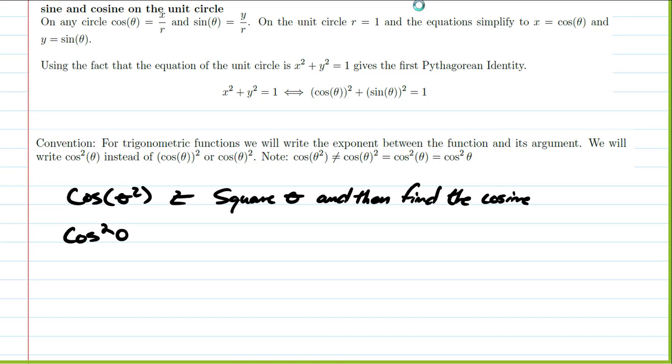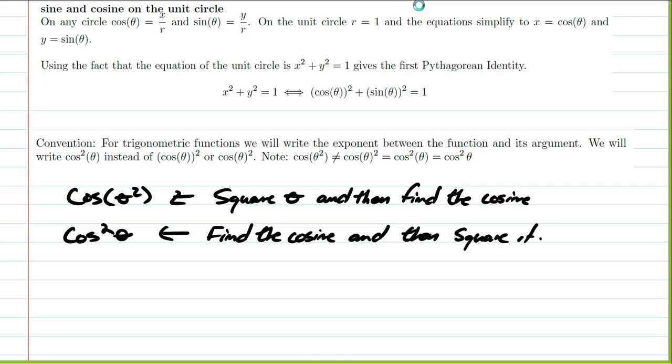Cosine squared theta tells us find the cosine and then square it. So with trigonometric functions, we're going to write our exponent between the trigonometric function and the argument of the trigonometric function.